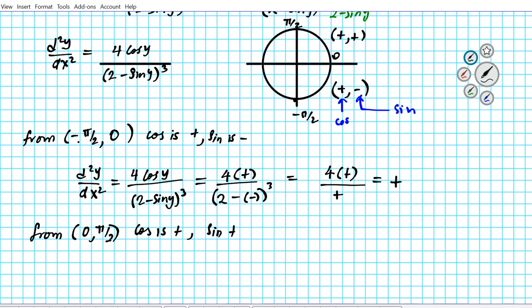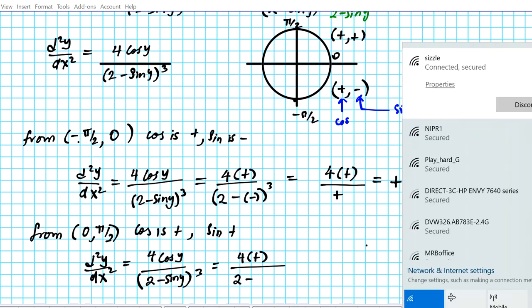So what's the sign of the second derivative going to be? d squared y over dx squared is 4 cosine y over (2 minus sine y) cubed. So we're going to have 4 times a positive number, because cosine is positive, divided by 2 minus a number.